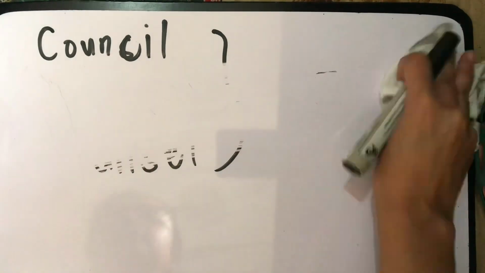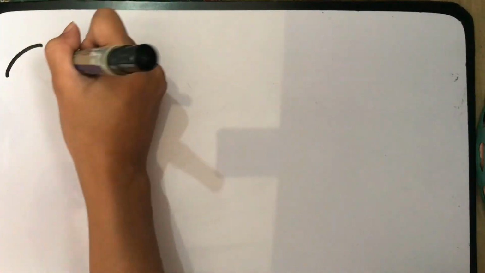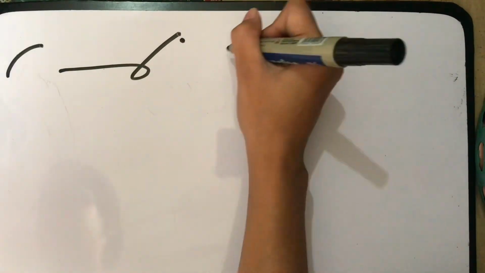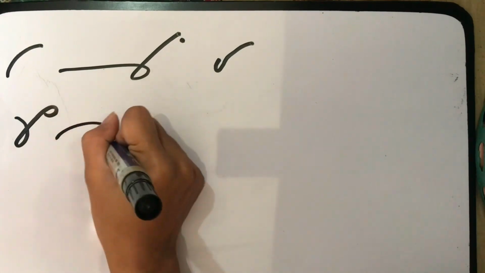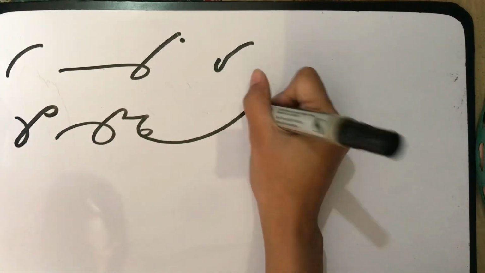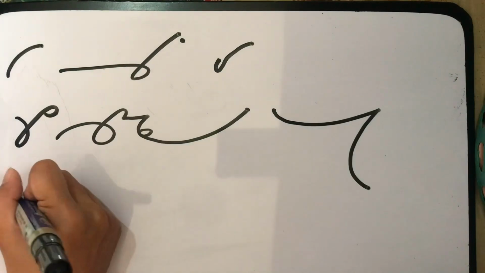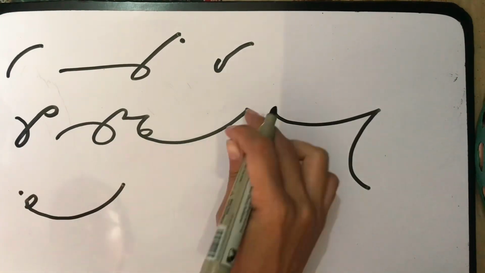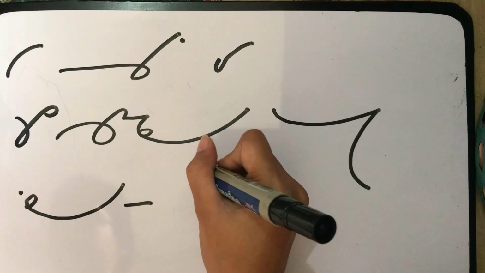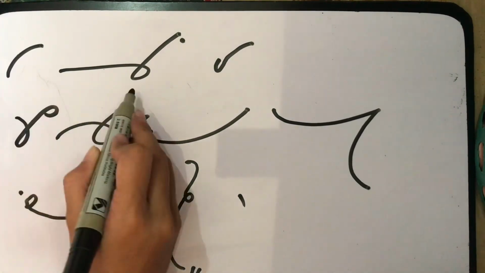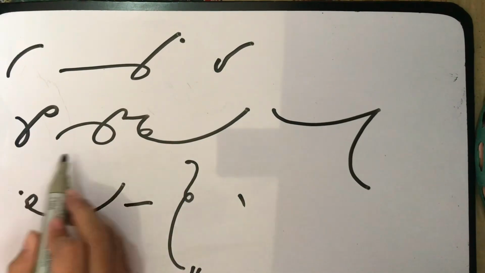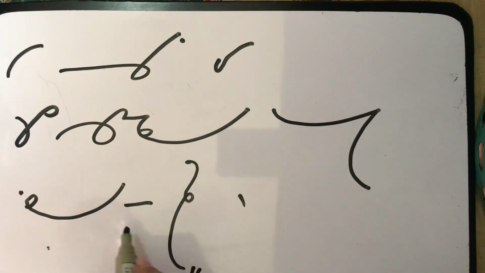So let's have an example. Council. In council, we have: the meeting of the city council will be held in February.